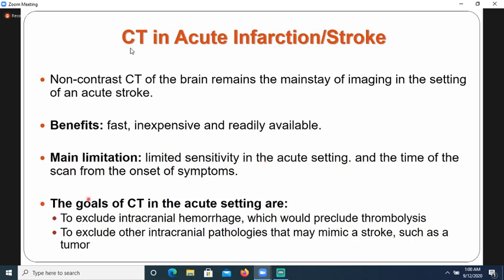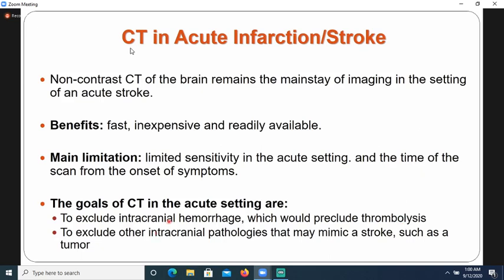If it is within 1 hour or 2 hours, the CT most of the time is normal. The goal of CT in the acute setting, then why are we doing it acutely? Because to exclude intracranial hemorrhage. Because if there is an intracranial hemorrhage, we do not give thrombolysis treatment. And MR is not very sensitive to detect acute intracranial hemorrhage.